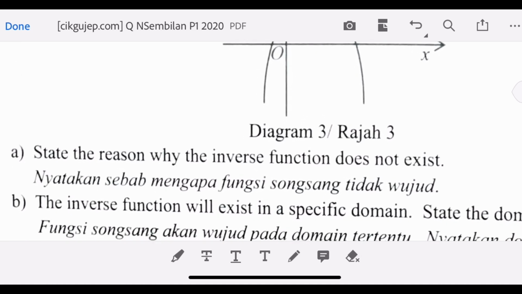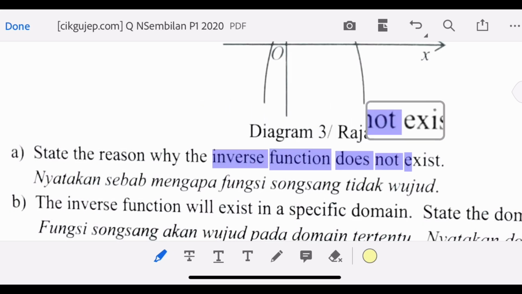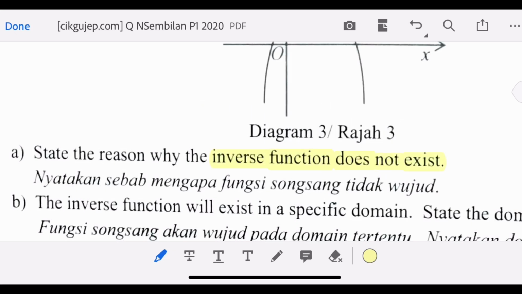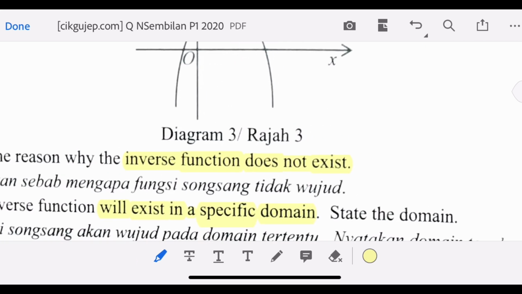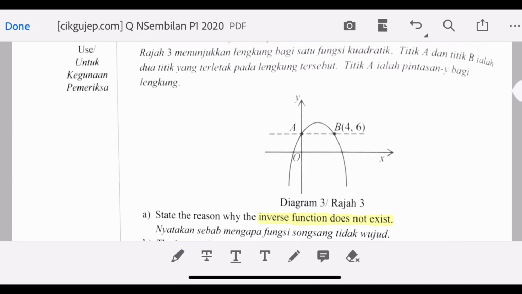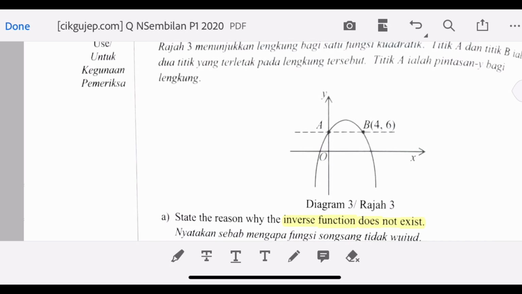Now, state the reason why the inverse function does not exist. Many students actually do not really understand what the question wants, so I will explain to you. The inverse function will exist in a specific domain. Now let's study the graph.